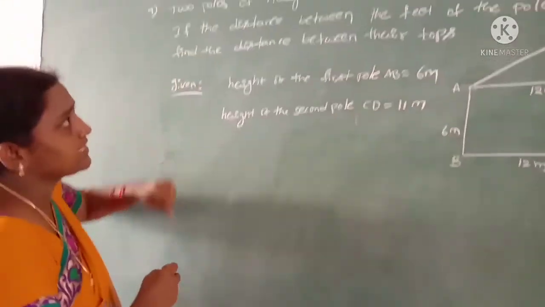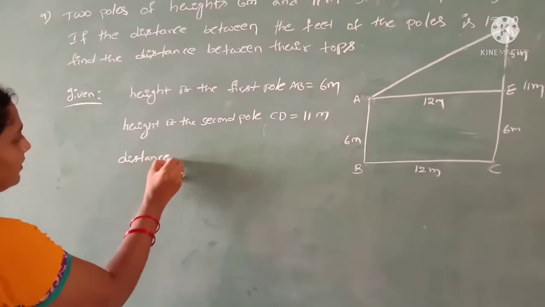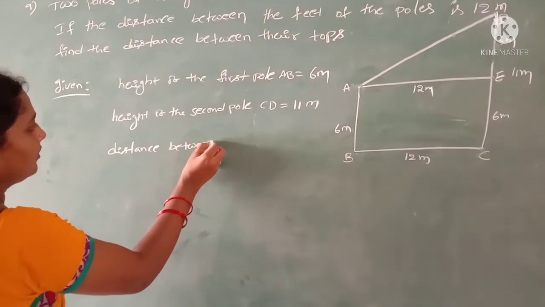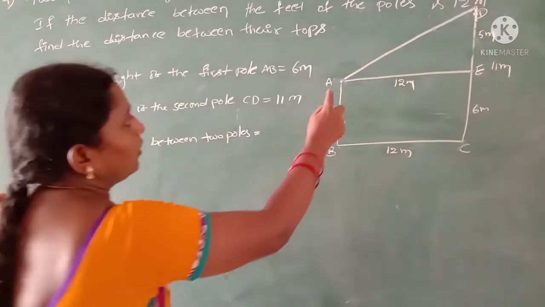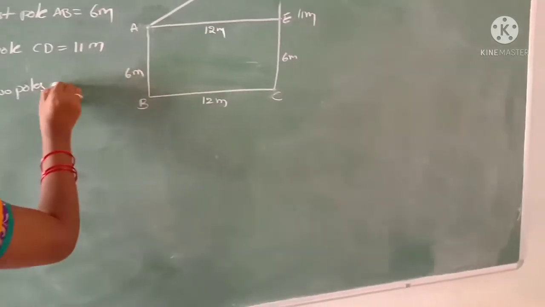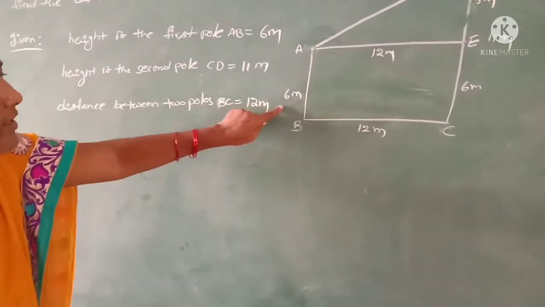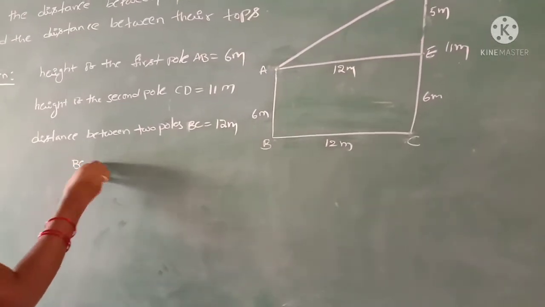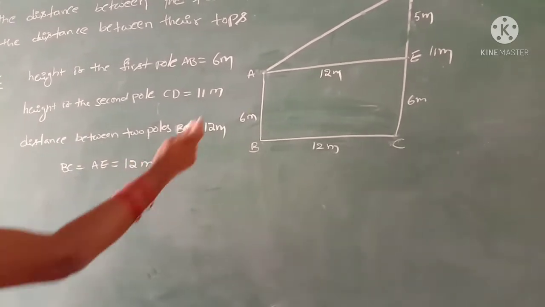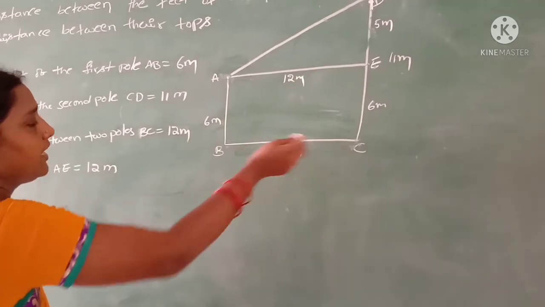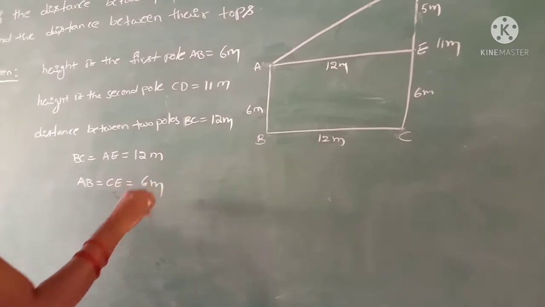Next, distance between the two poles, BC equal to 12 meters. See here, BC equal to AE, that equals 12 meters, and AB equal to CE equal to 6 meters.